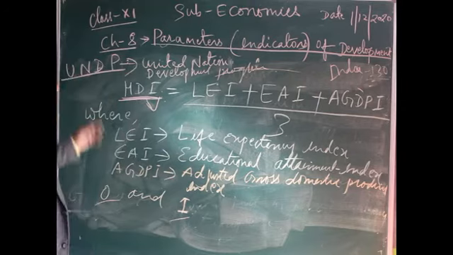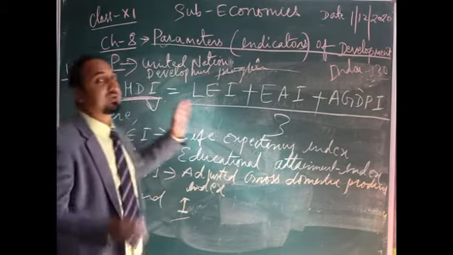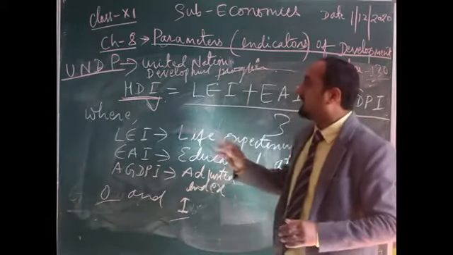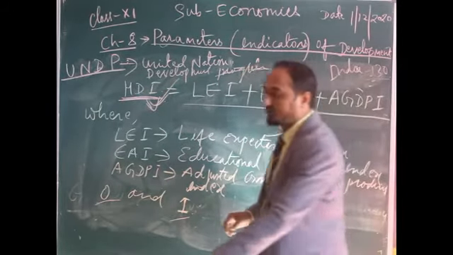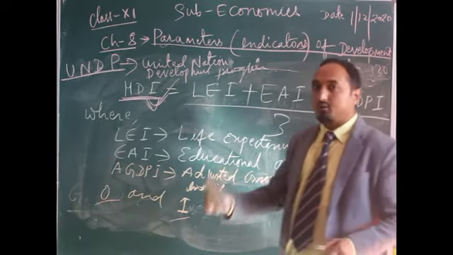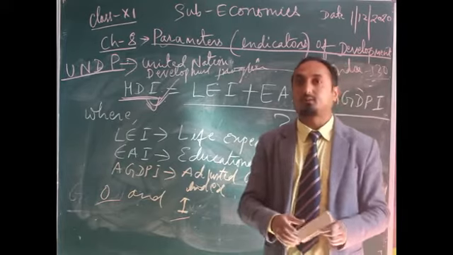It was actually started in 1990, but this report was prepared in 1997, and this HDI was constructed by two economists. One is Amartya Sen from our country, and the other one is Mahbub ul Haq from Pakistan.